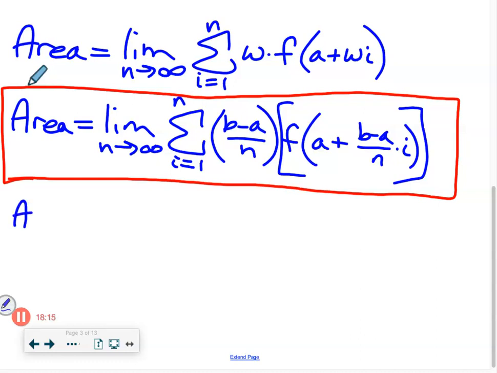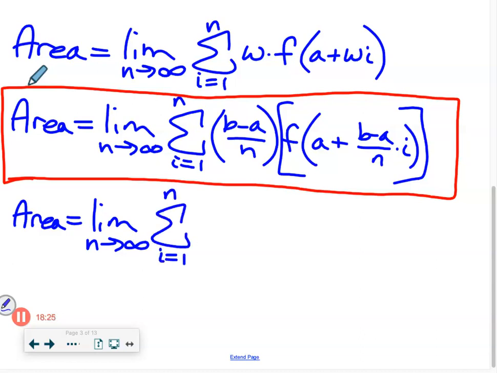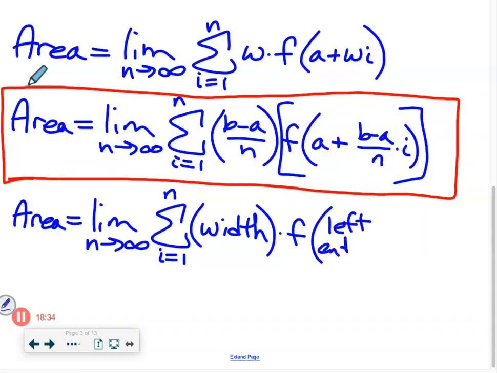What my brain remembers is this: the limit as n approaches infinity of the sum as i goes from 1 to n of width times f of left endpoint plus width times i. My brain never remembers it with all the letters. It remembers it with words.